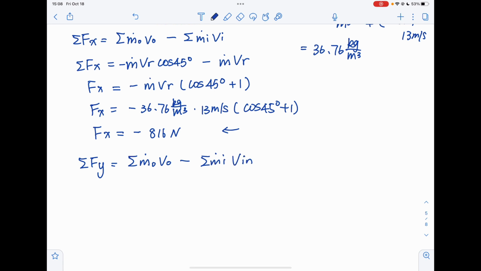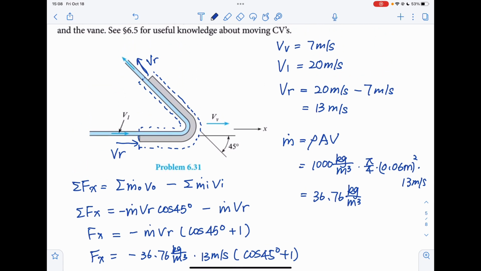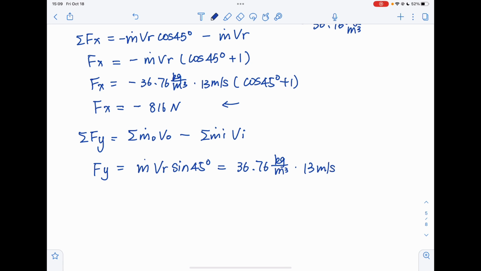For this case, we will not have any water coming in, so the second term is 0, and we'll have m dot times VR times sine 45 degrees, which is 36.76 kilograms per second times the velocity times sine 45 degrees.